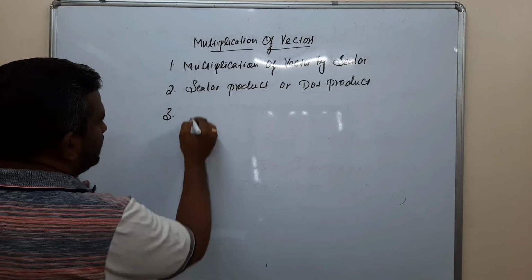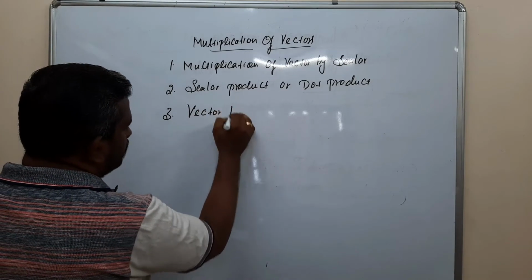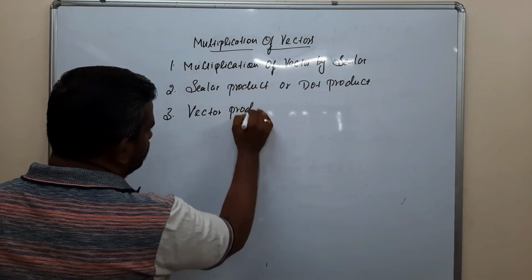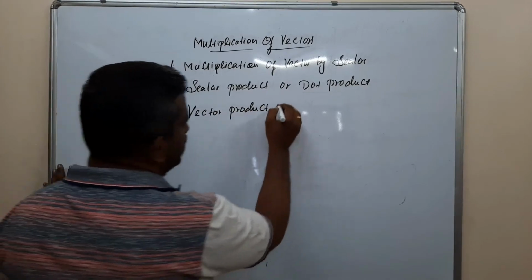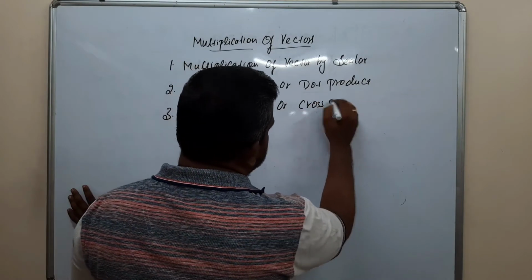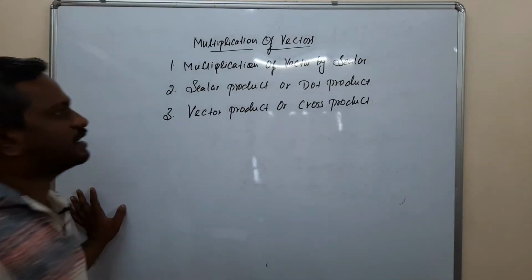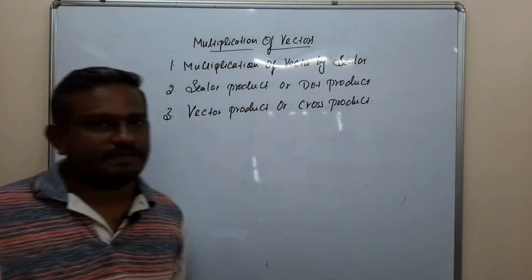Third, vector product or cross product of vectors. So these are the three ways of multiplying vectors.